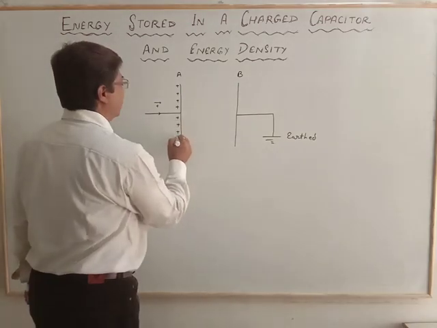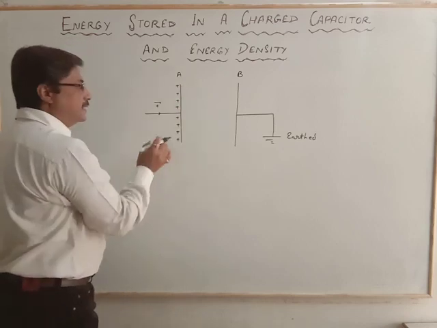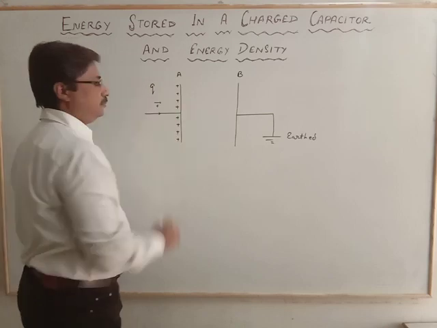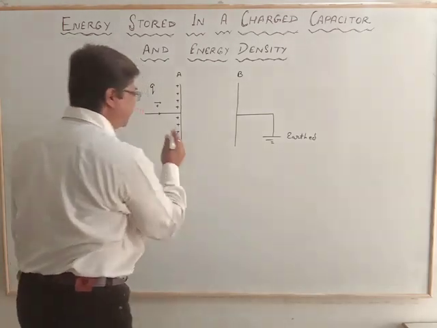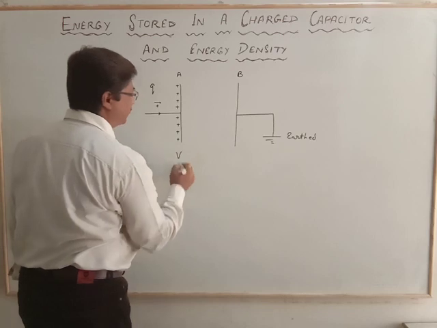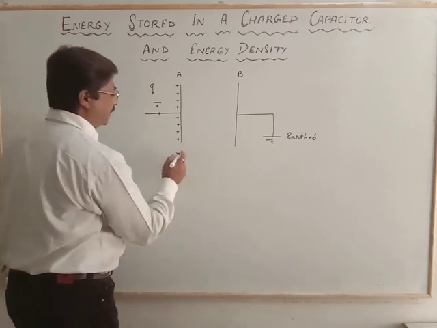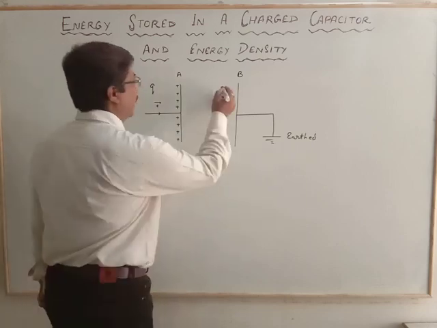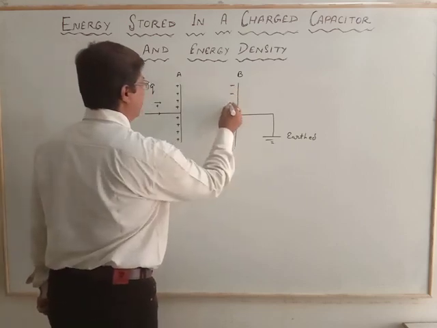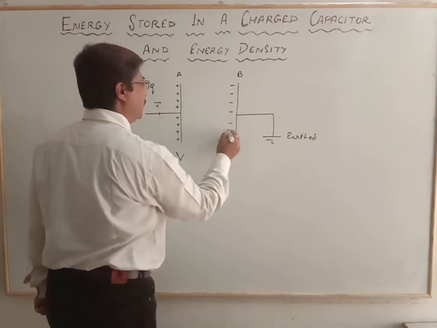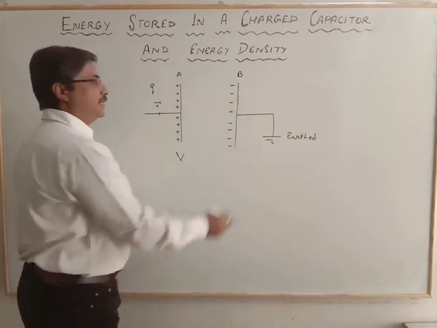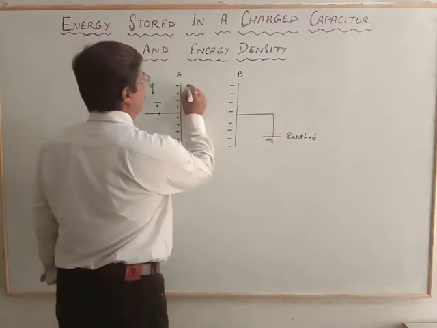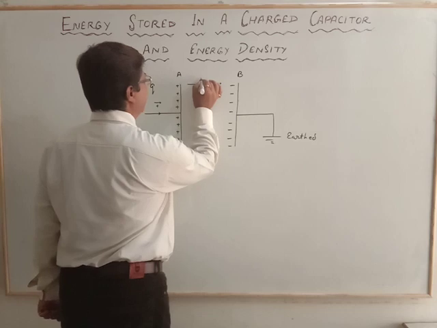Suppose at any instant the plate has acquired the charge Q, and at that instant there is a potential difference of V between the two plates, and the induced charge is of the same value on plate B. Now this is the arrangement where we find the electric field.